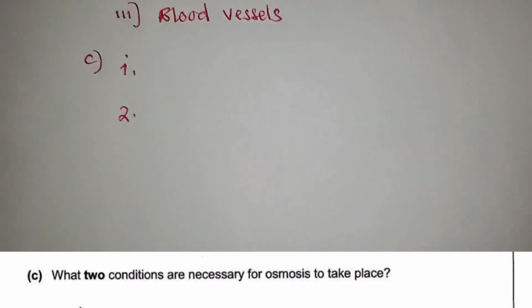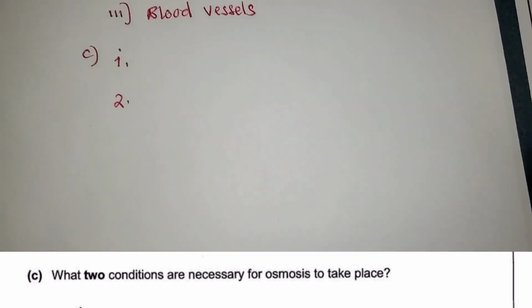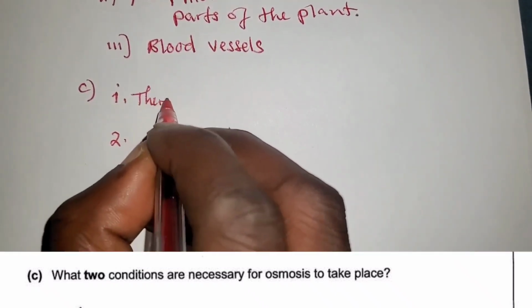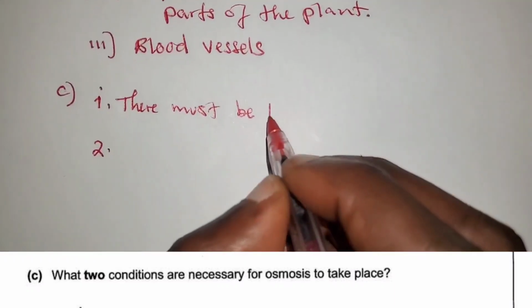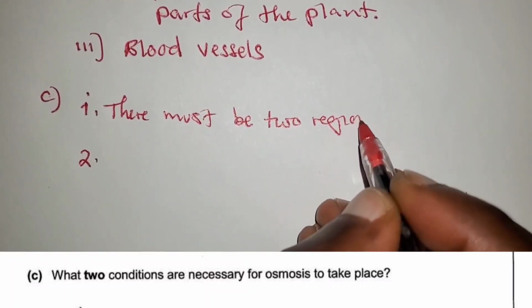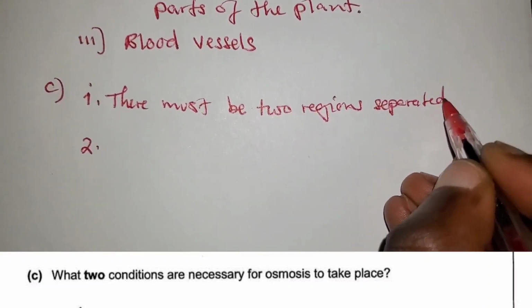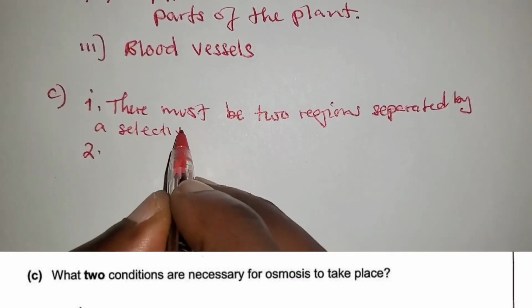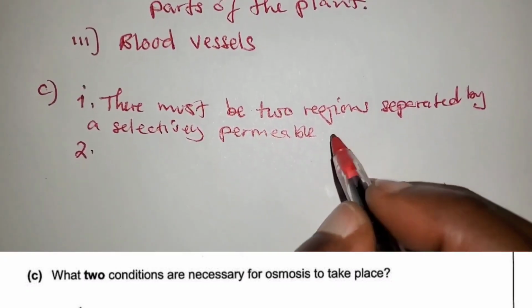Now, for osmosis to take place, number one, there must be two regions separated by a selectively permeable membrane.